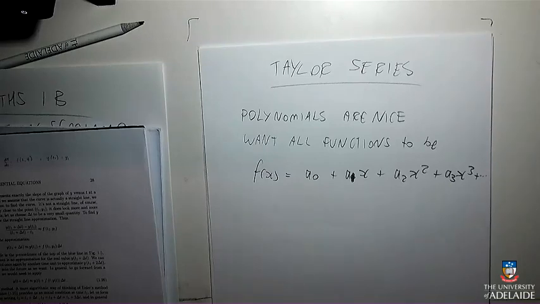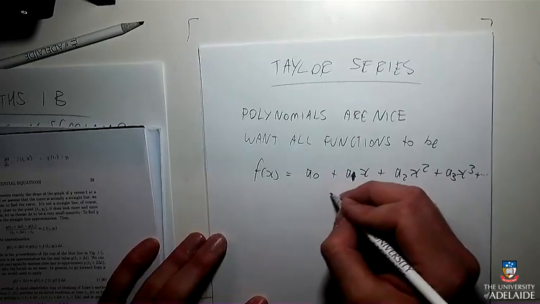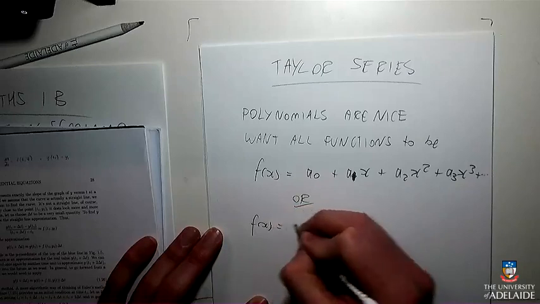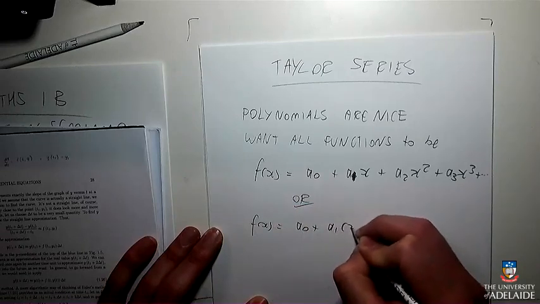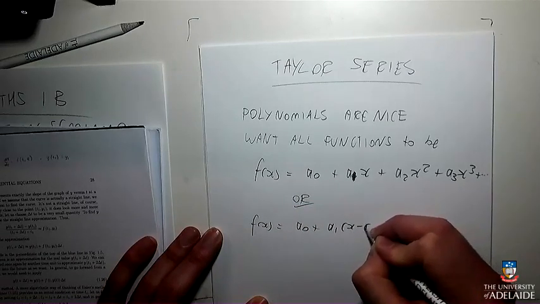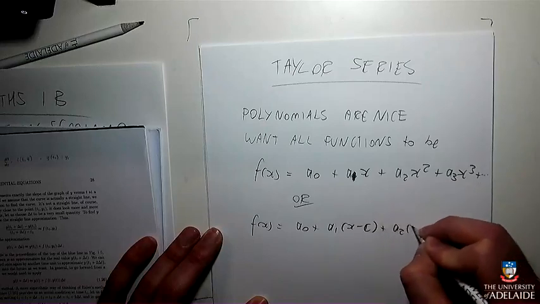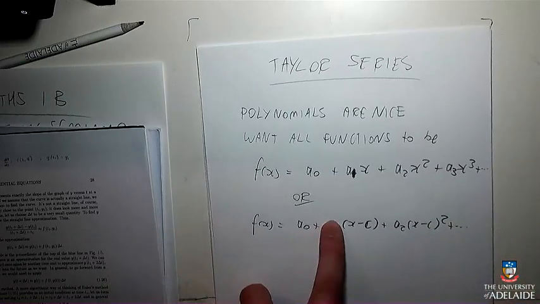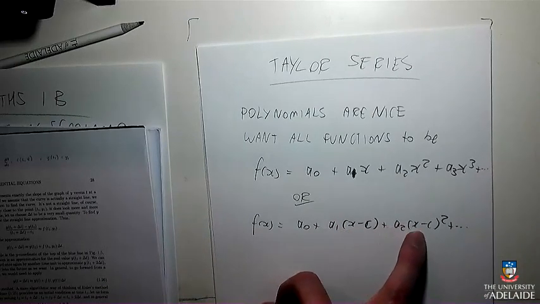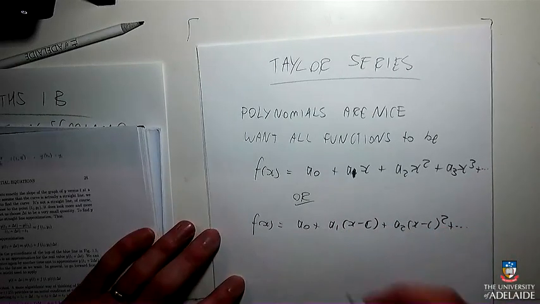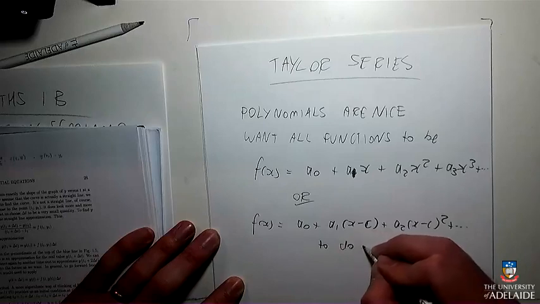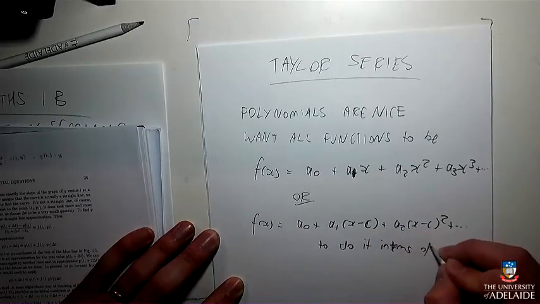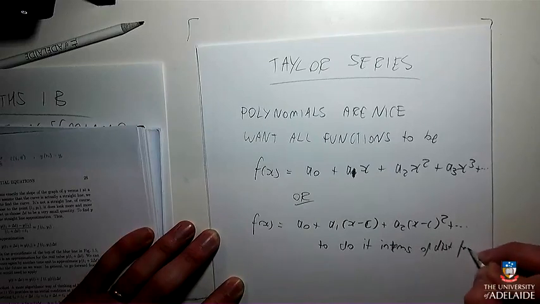So we could do it like that as well. So a0, a1 times x minus c, a2 times x minus c squared, etc., in terms of the distance from c.